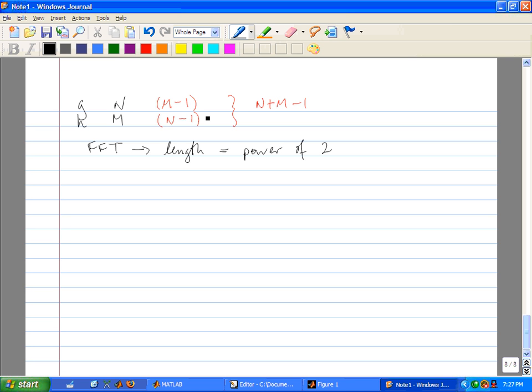So there's nothing that says you can't pad it beyond the minimum. In fact, it makes more sense to pad G and H to the nearest power of 2 that's greater than n plus m minus 1. All that will happen is when you're done with the computation, you'll have a few extra zeros tagged on the end that you just ignore.